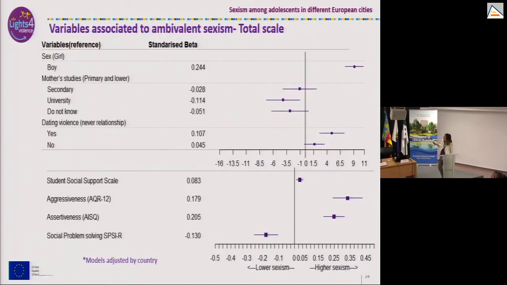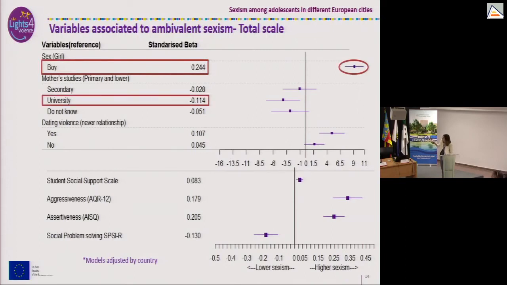Now, this graphic presents the variables associated to total scale. We observe that boys have higher levels than girls. Students whose mothers have university education present lower levels of sexism than primary and lower studies.